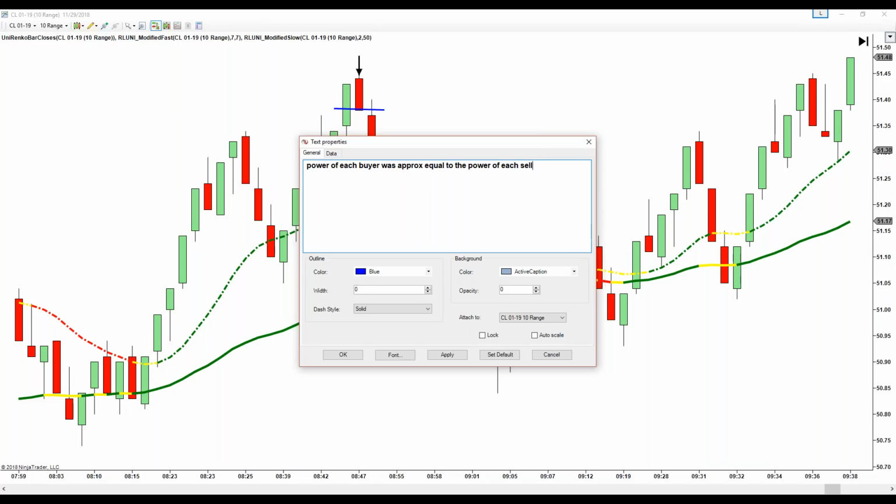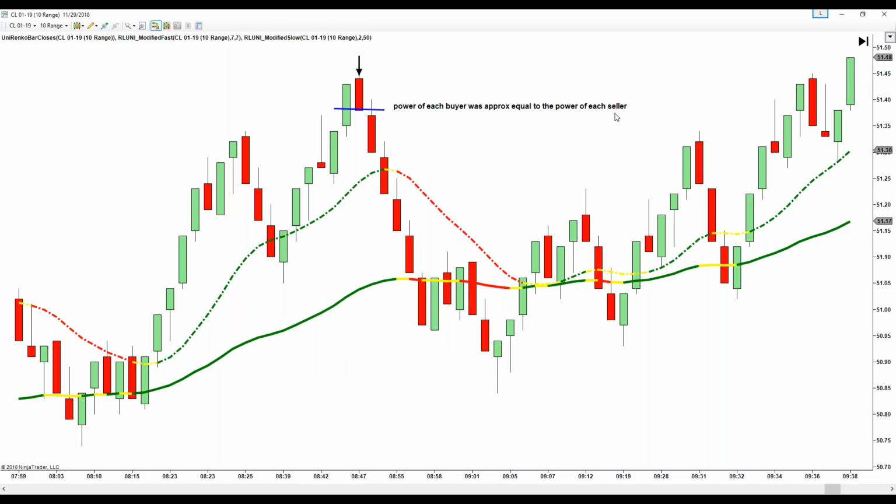Back then, that was very, very true. So Japanese candlestick patterns were extremely powerful. But as time has progressed, I think their value in predicting how the market's going to move has waned quite a bit, because we now know that the power of each buyer is not equal to the power of each seller.